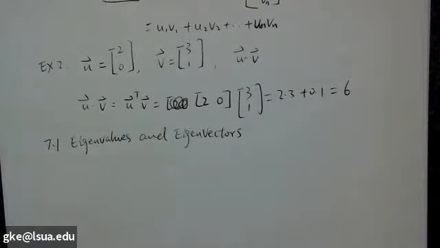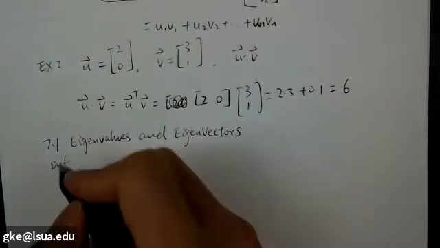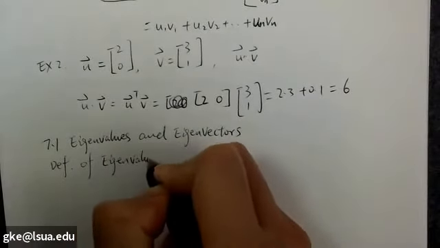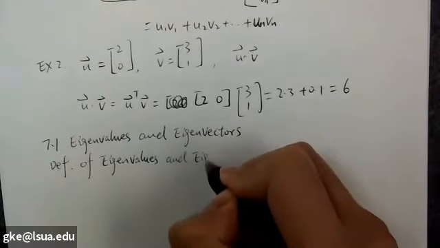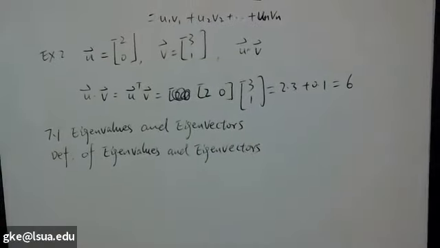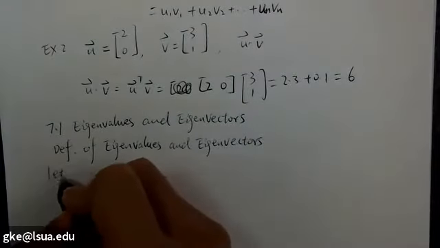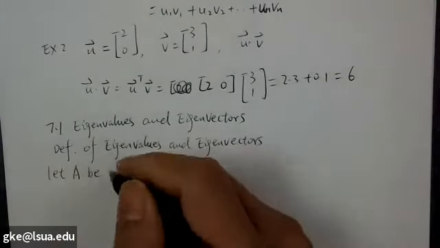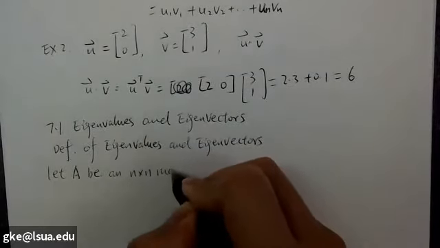Definition of eigenvalues and eigenvectors. Let A be an n times n matrix.